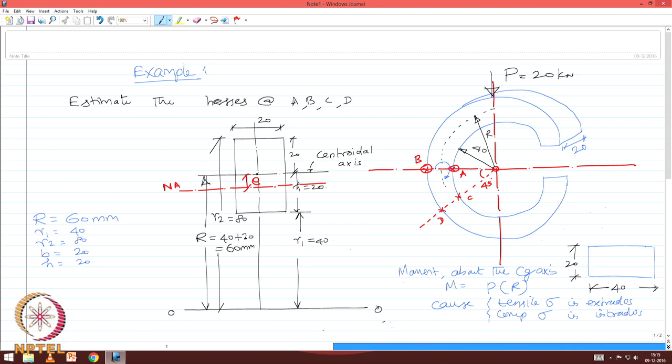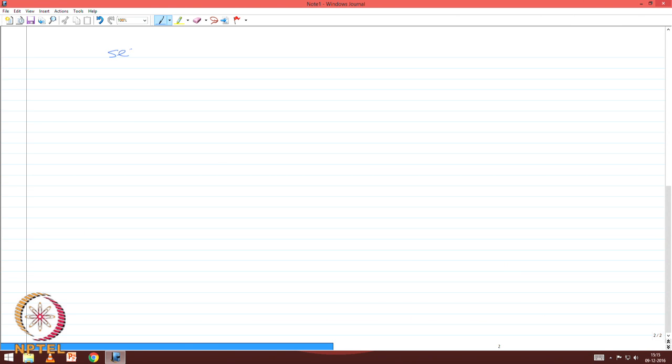Therefore, M in this case is positive. Let us talk about the calculations for the section AB.